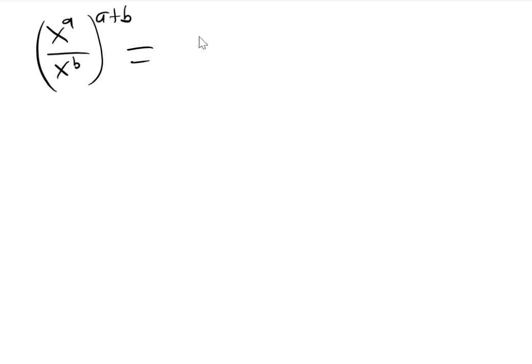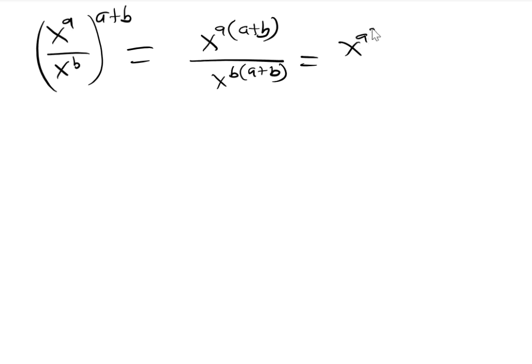When I have x to the power a plus b times a, divided by x to the power b times a plus b, this is the same thing as x to the power a squared plus ab, divided by x to the power ba plus b squared.